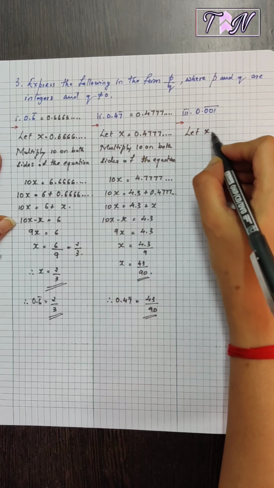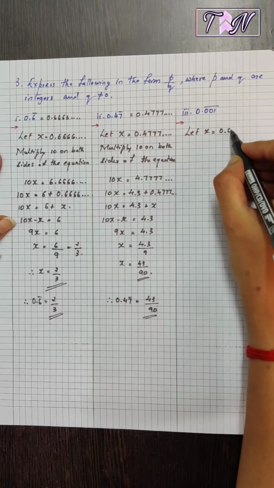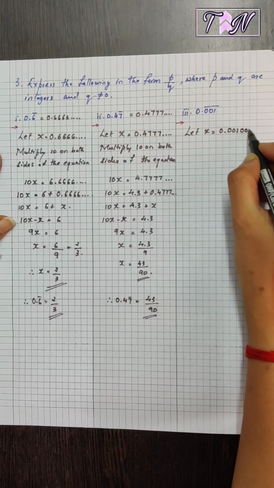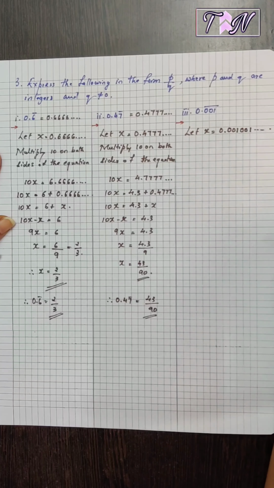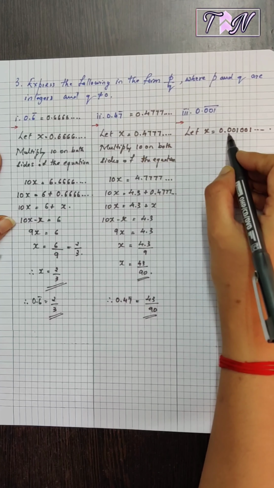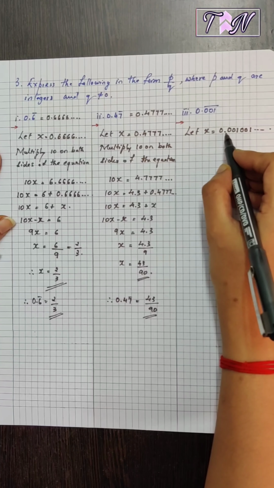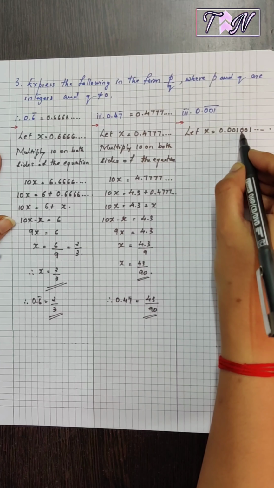Here let x is equal to, what is the repeating decimal expansion here? 0.001001 and so on, right? It repeats like that. Now here, since the digits are 0, 0, 1, I'll multiply it by 1000 so that the decimal point jumps over here.